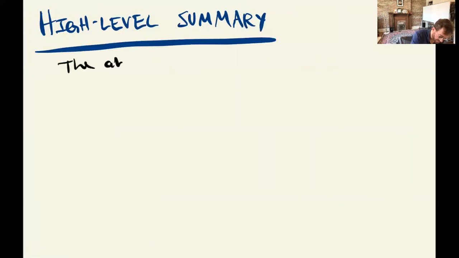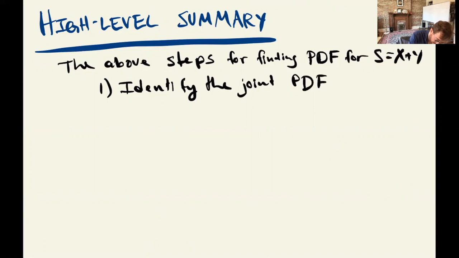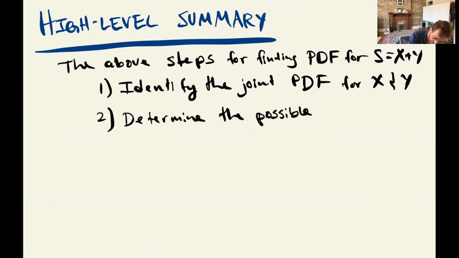The above steps for finding the PDF for S equals X plus Y included: 1, identify the joint PDF for X and Y. 2, determine possible values for S.